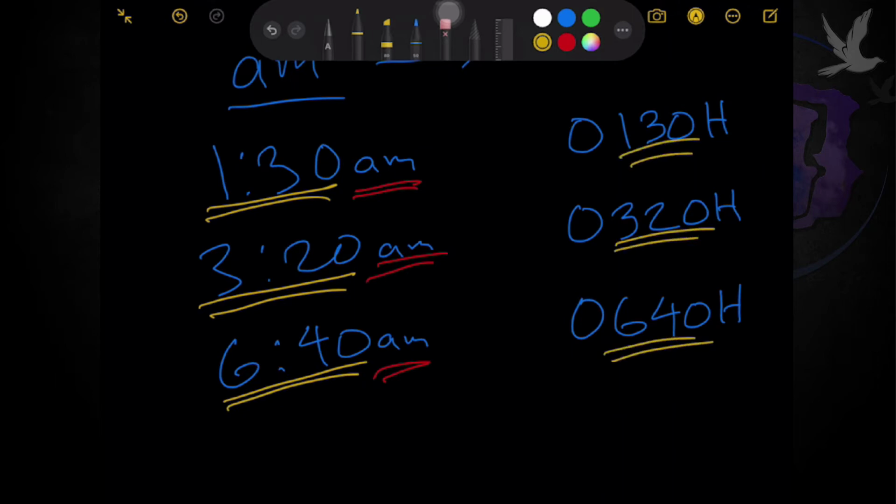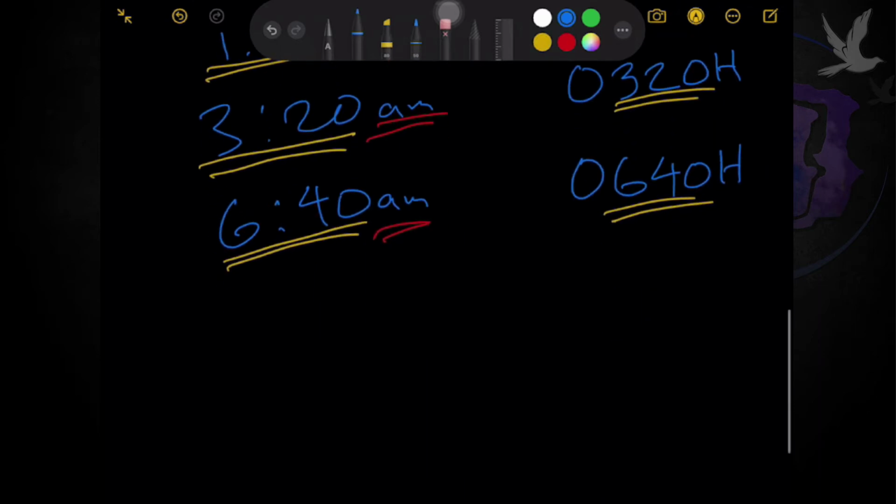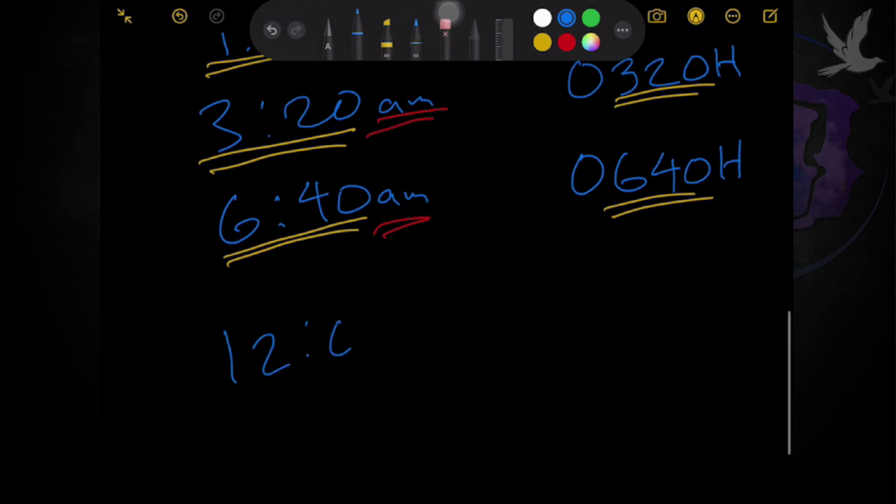Okay. Now, the only time that these times are different is once it reaches p.m., which means when the time goes over 12. Okay. At 12, they're still the same. The moment that you reach 12, technically noon, it's still 1200 hours.